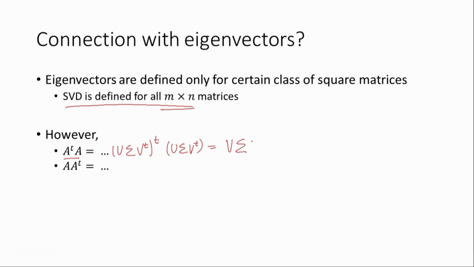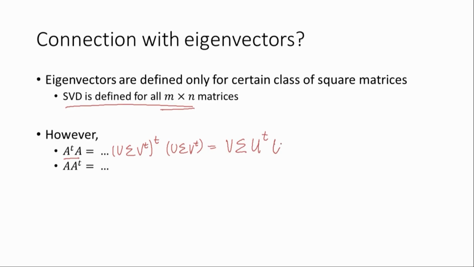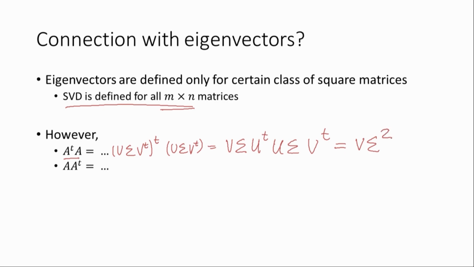Sigma transpose. Is there any necessity of writing a transpose here? Sigma is a diagonal matrix. So what do we know about U? U is an orthonormal matrix, and therefore this is V sigma square V transpose, because this is identity.